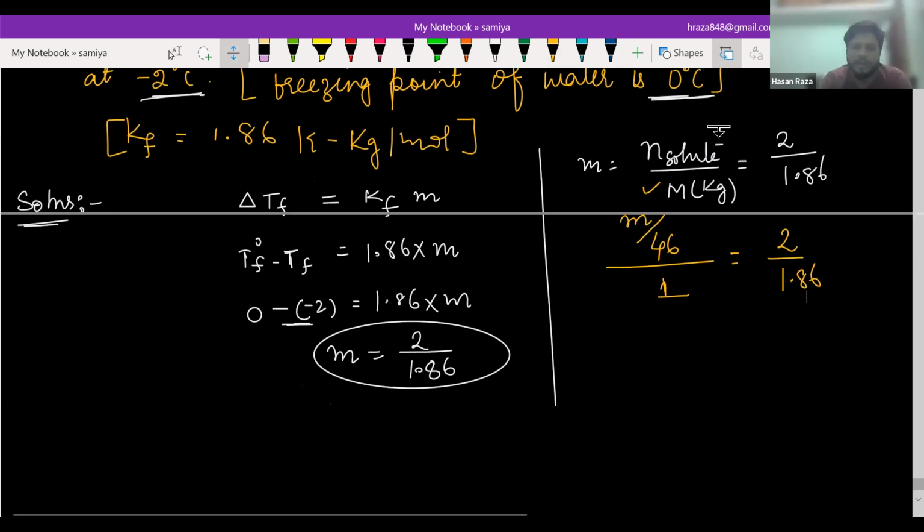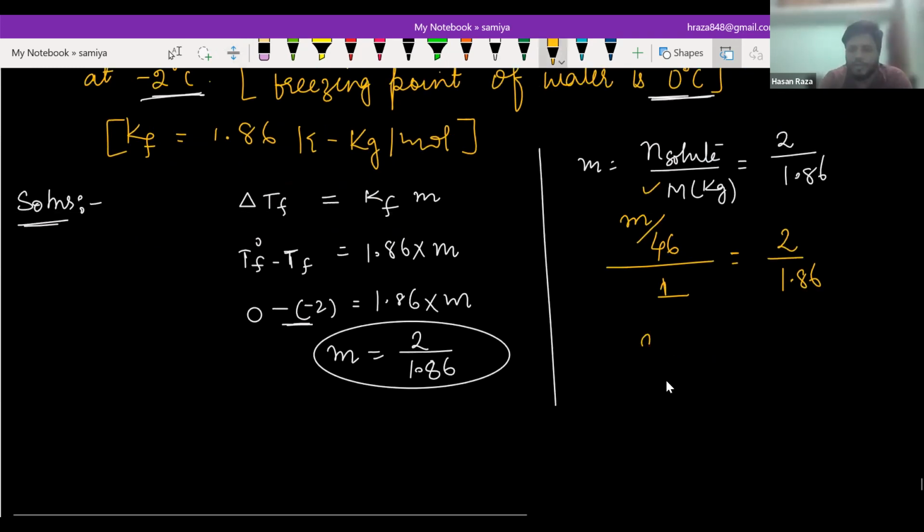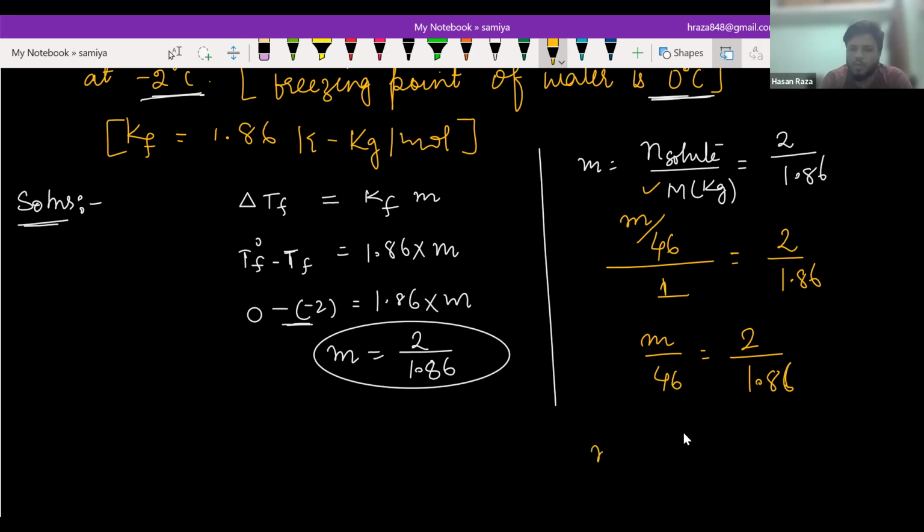You can easily understand it. Now see, M by 46 will be equal to 2 upon 1.86, and M will be equal to 46 into 2 divided by 1.86, that will be equal to 49.46, that means 49.5 grams. Isn't it easy?